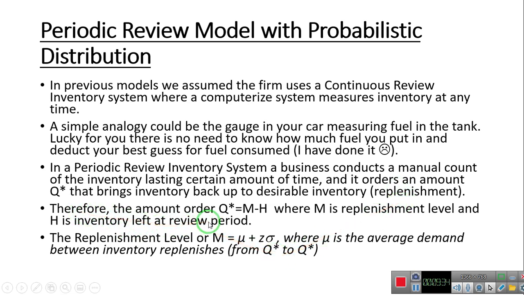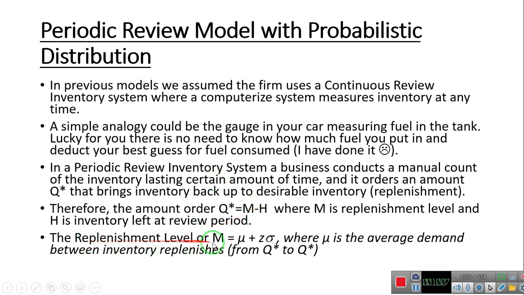Therefore, the amount that you're going to order, Q star, is going to be the maximum level minus whatever it is that you think you have left in your inventory, right? It makes sense. If your maximum level is 100, that's how many bottles of bleach you would like to have, and you count 10, you have 10 at hand, then to replenish the shelves, that means that you need to order 90, right? 100 minus 10, 90. That's all it's saying.